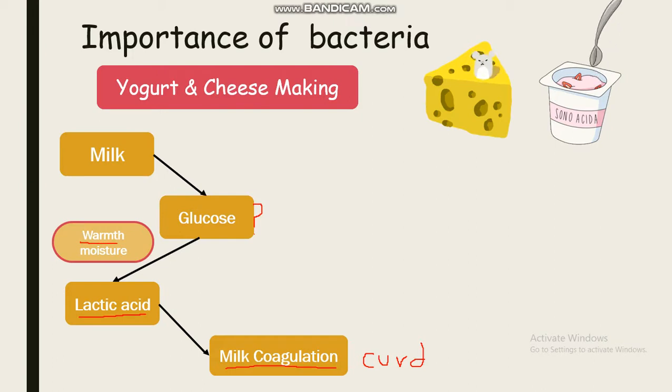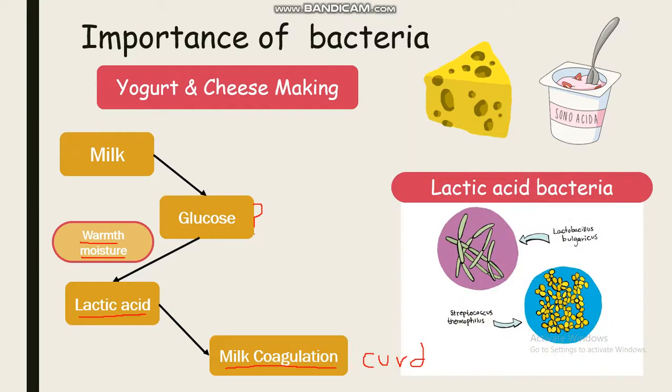These are warmth and moisture. The bacteria that produce this lactic acid in milk are called lactic acid bacteria. The two most common present in milk are called Lactobacillus bulgaricus and Streptococcus thermophilus. You can see one is rod shaped and one is spherical shaped.